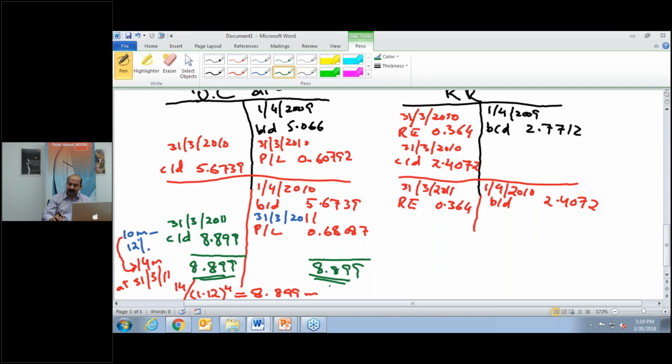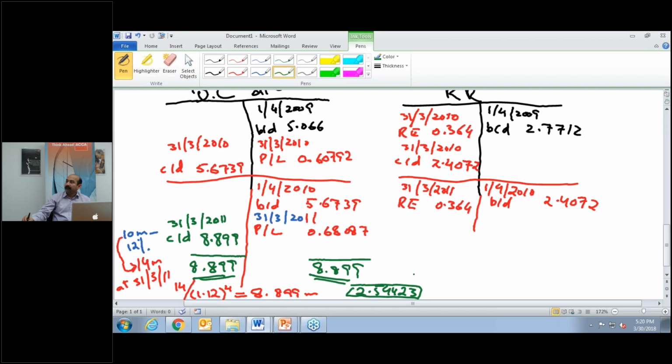So what is the difference? The difference is 8.899 minus 5.6739 minus 0.68087. So the difference is in fact 2.54423. So what will be the double entry for this?